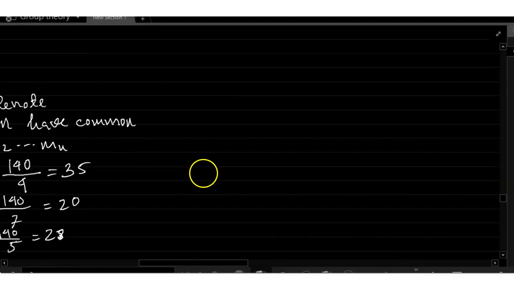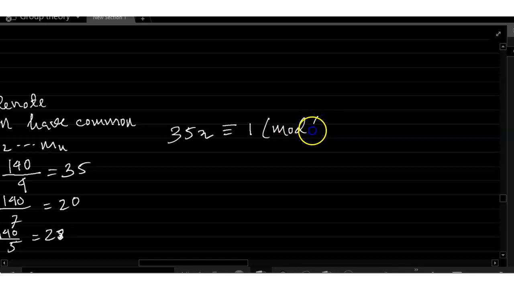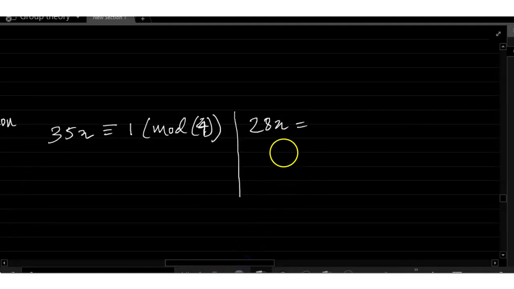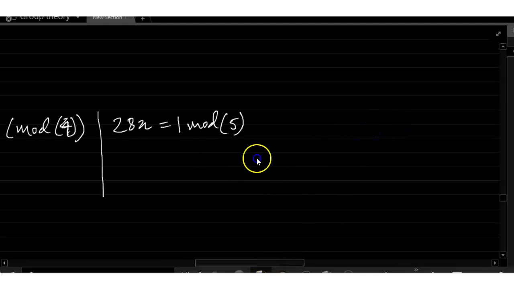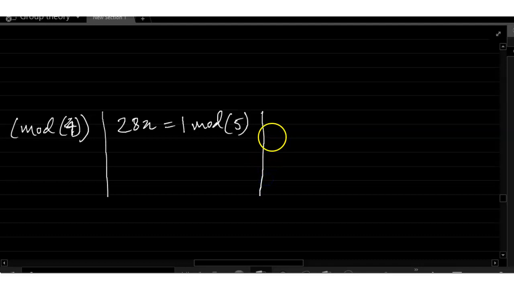Now I can write 35x congruent to 1 mod 4, 28x congruent to 1 mod 5, 20x congruent to 1 mod 7.